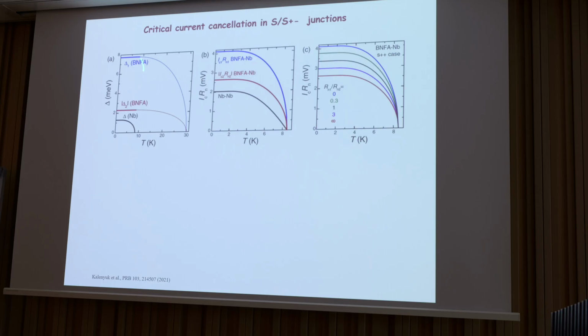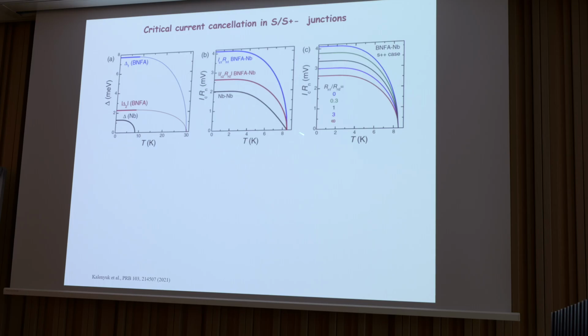Now, if you look at the gaps, for niobium the gap is 1.5 millielectron volts. For BNFR, we expect 2 gaps with something like 9 and 3 millielectron volts. And the critical current in the Ambegaokar-Baratoff expression in fact depends on the gap values.